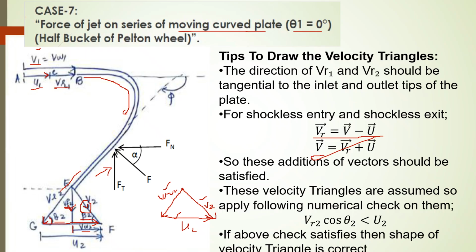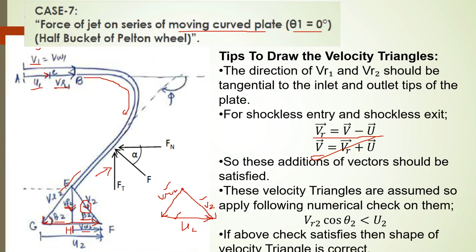Okay, so your u2 will be equal to GF. We can have this point as H, for example. So from H to F we have Vw2, the whirl velocity component of V2, the horizontal component, and the vertical component will be called Vf2, from E to H. In that way we can draw and justify.